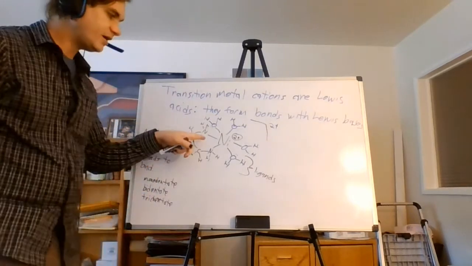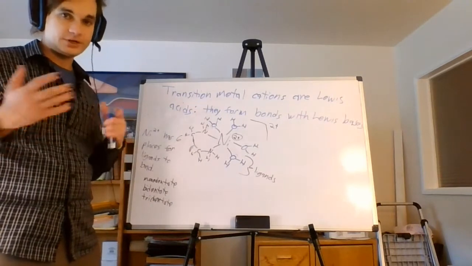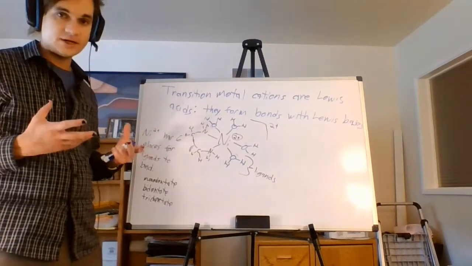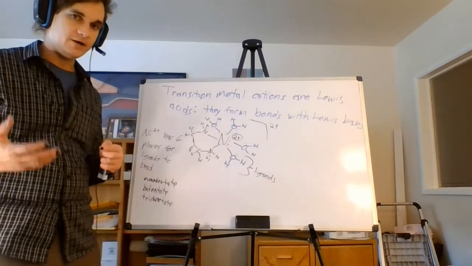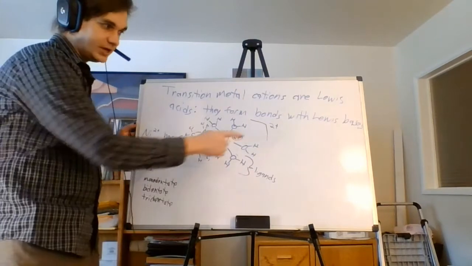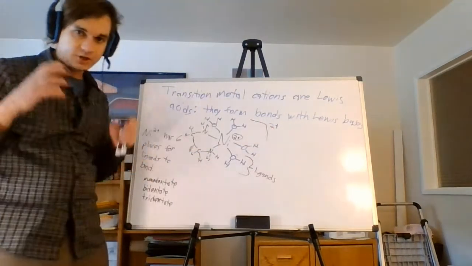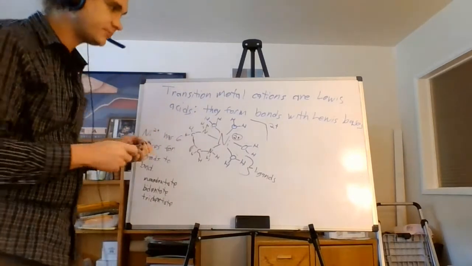Now, when we have this complex, the way we get it out of solution is that we turn it into a crystal. So it needs to crystallize. But in order to crystallize, there has to be some sort of ion to go along with it. Because if it's just this by itself, then the fact that it's positively charged means that complexes would push each other apart.